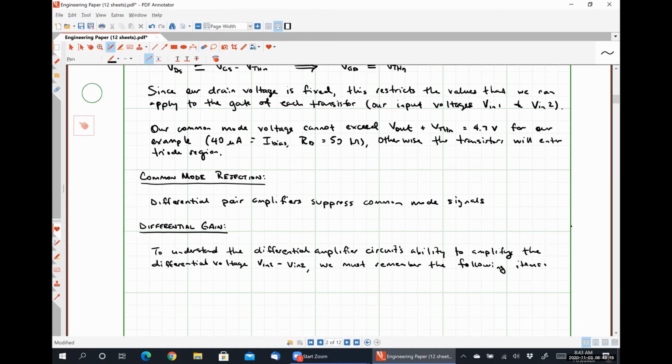Number 1, the sum of our drain currents must always be equal to our bias current.